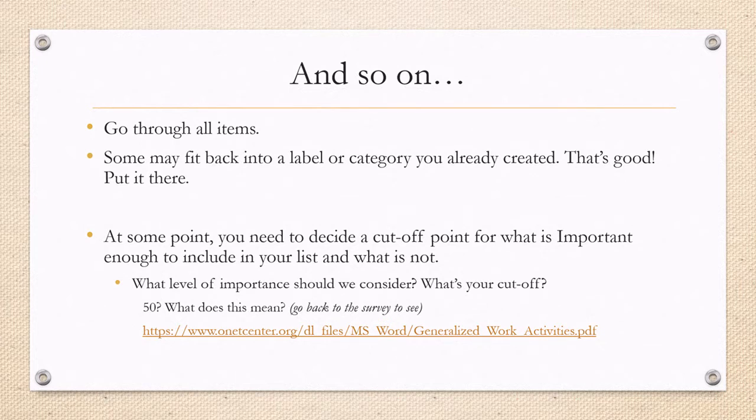So we need to go back to the form that was used to get this information. And I've put a link here for the work activities form. And what you'll find is that the survey used a 1 to 5 scale, but yet the importance ratings, it looks like it's on a 0 to 100 scale.